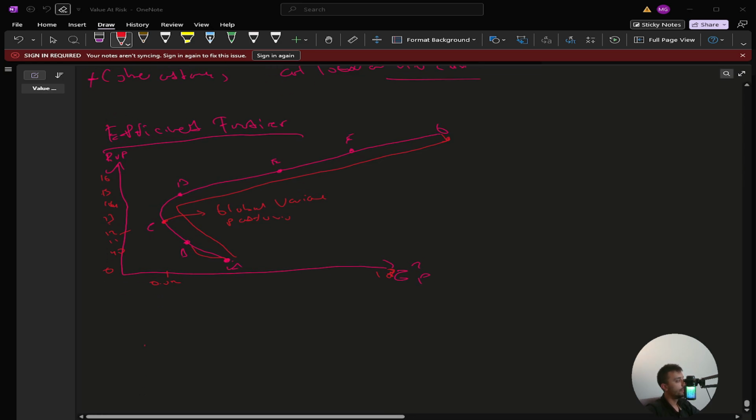In general, any portfolio below the efficient frontier is by definition inefficient, whereas a portfolio above the efficient frontier is unattainable.